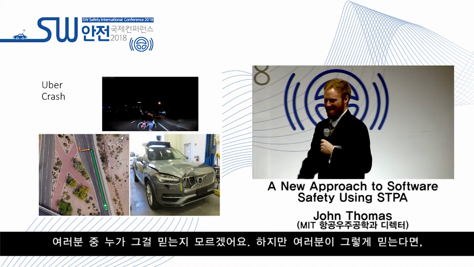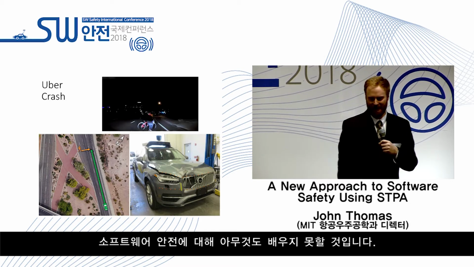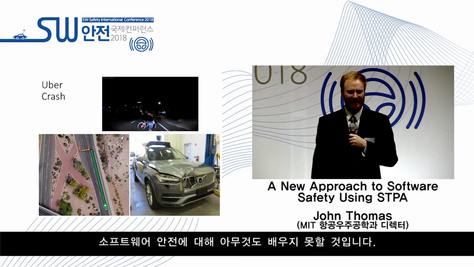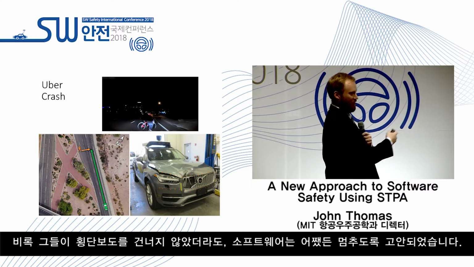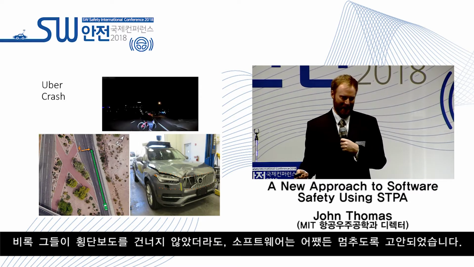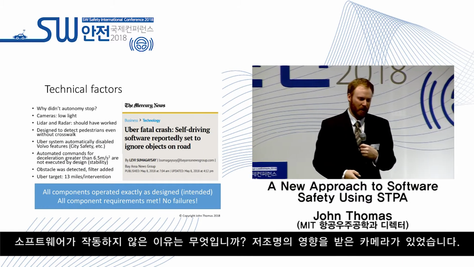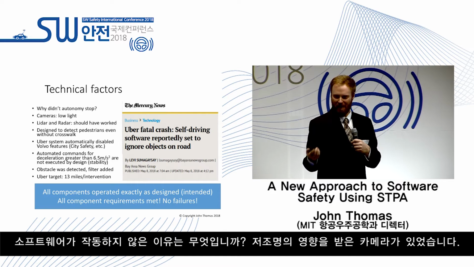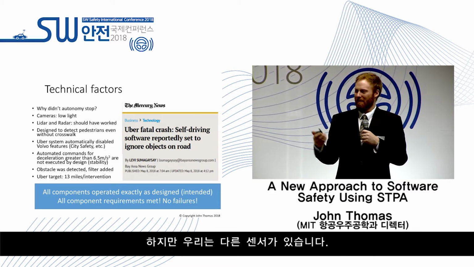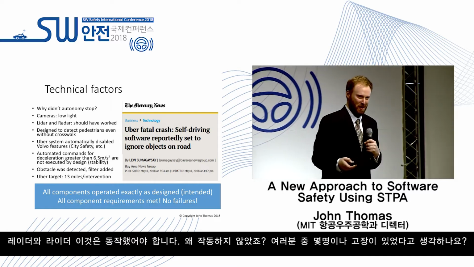I don't know if any of you believe that, but if you believe that, you will never learn anything about software safety. Even if they did not follow the crosswalk, software is designed to stop anyway. Why didn't the software work? Well, we had cameras, which may have been affected by low light, but we have other sensors. Radar and LiDAR, it should have worked.